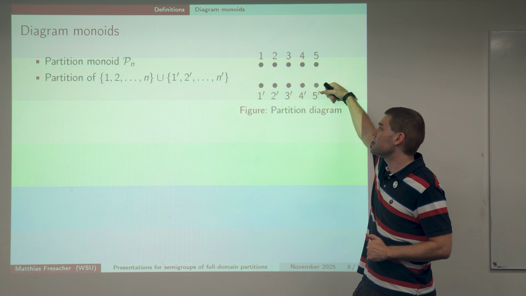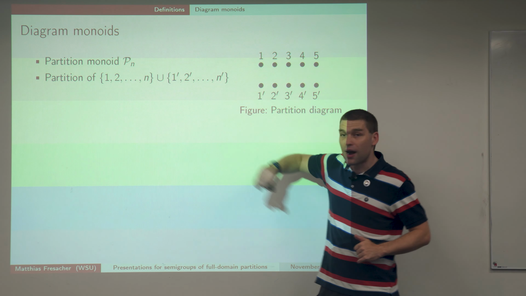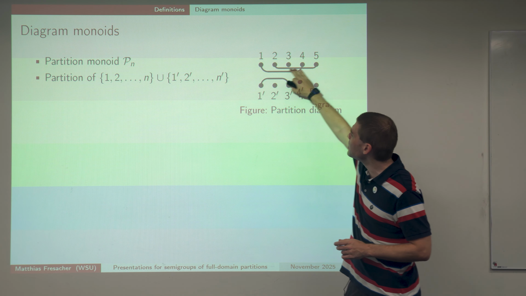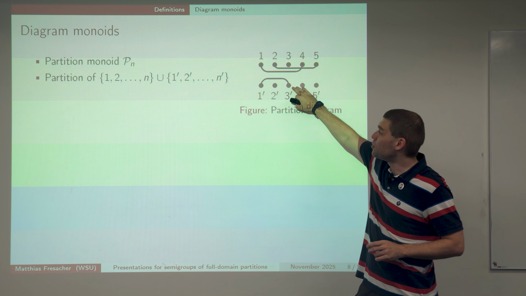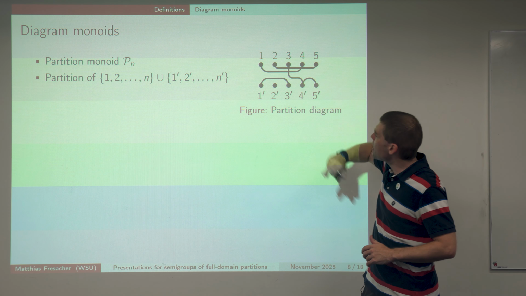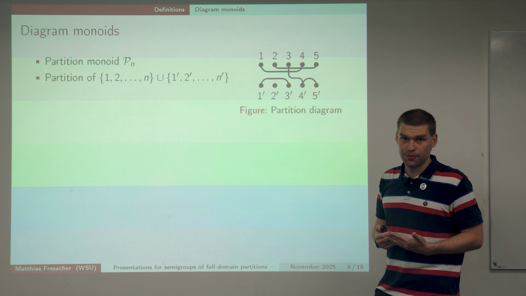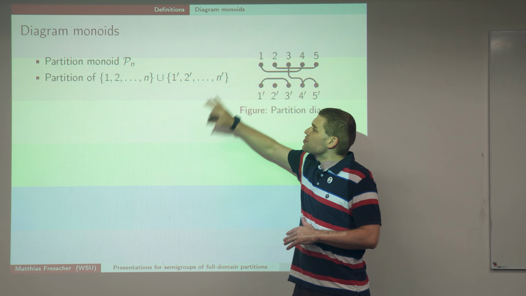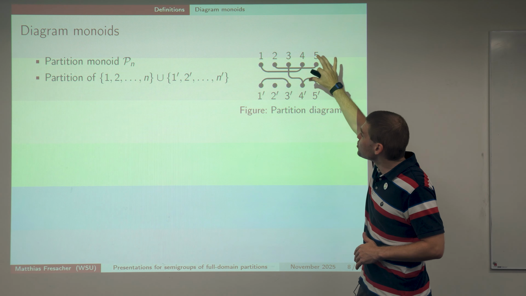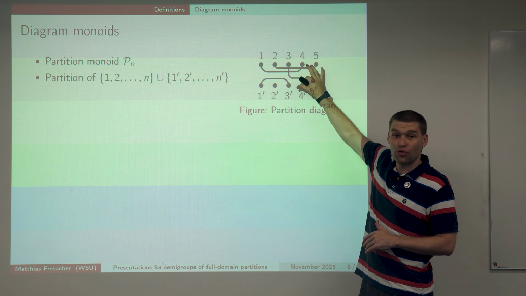I can copy this in a second row, that's my primed vertices, and then I can draw some edges, so potentially linking the top or just the bottom rows in non-transversal edges, or linking the top and the bottom rows with a transversal edge. The way we can get between these two notions, a block in the partition here has to correspond to a connected component in our graph.